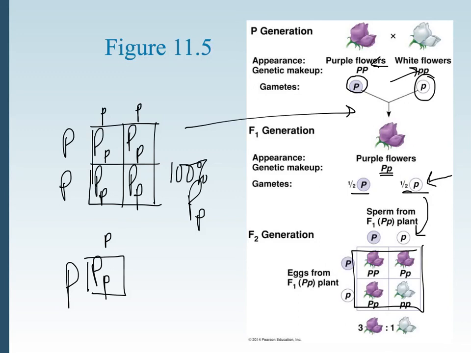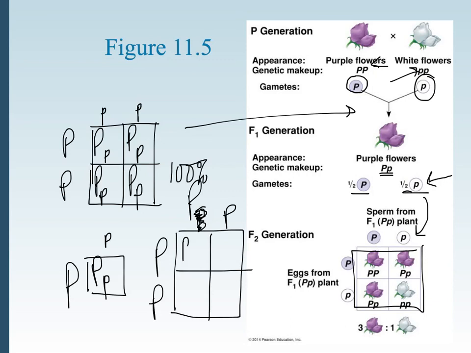What's more realistic is to say, if I have a homozygous dominant parent, big P, and a heterozygous other parent, so let's use this one here, well, we don't have to write this out twice because it's just going to be the same in the top row and the bottom row.